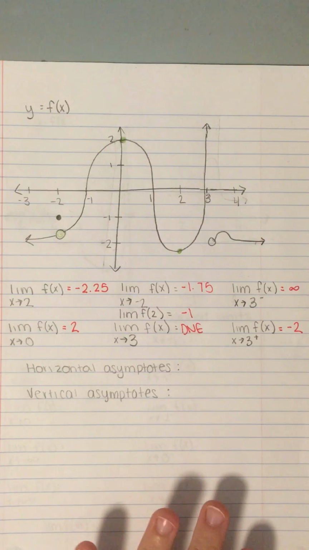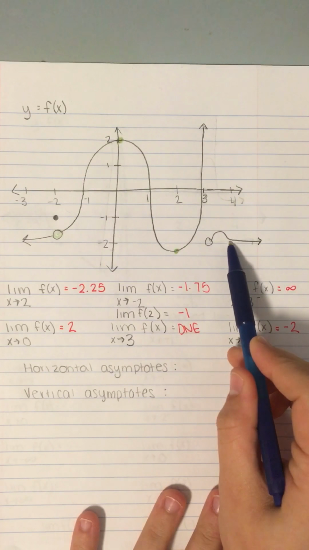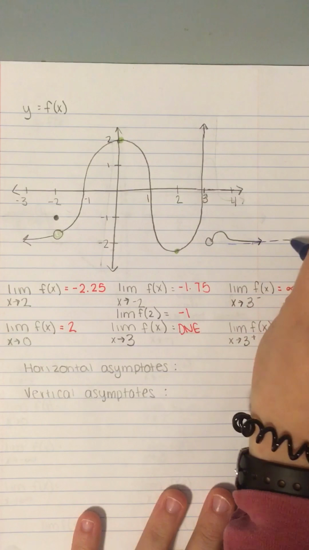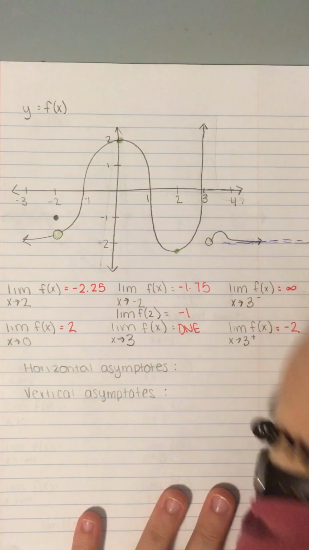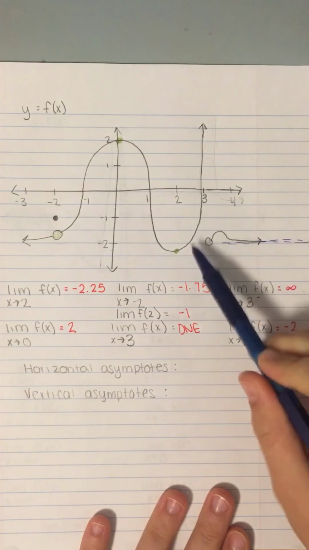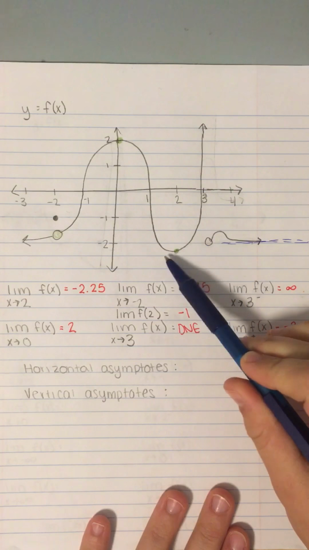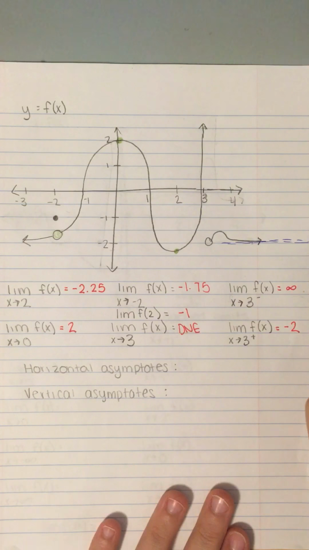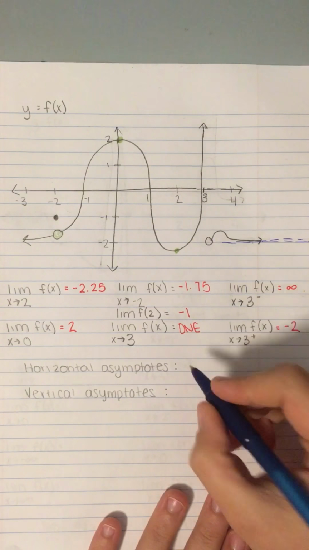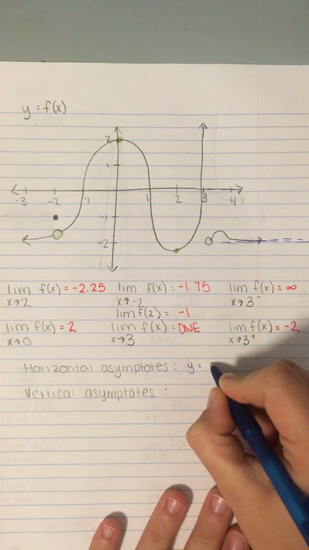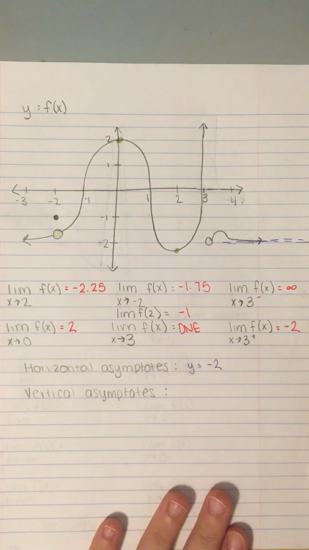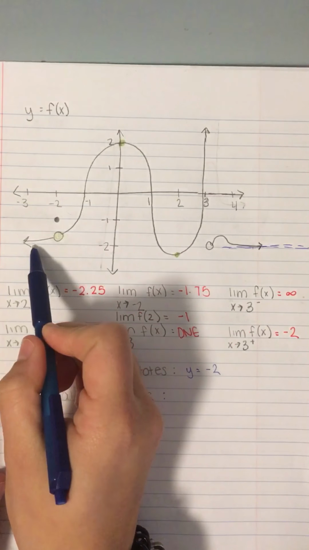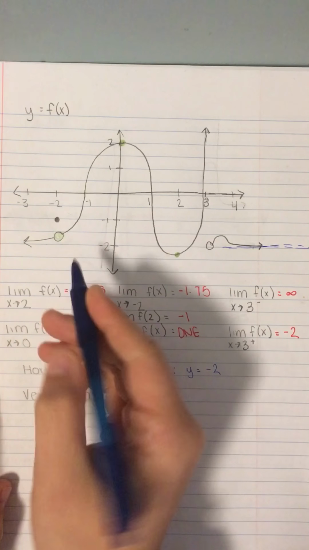As you can see, there's an imaginary line right here that this part of our function doesn't cross over, and this line is at y equals negative 2. So this imaginary line is what we call a horizontal asymptote. So it's y equals negative 2. And there's the same imaginary line at the same y value over on this side as well.